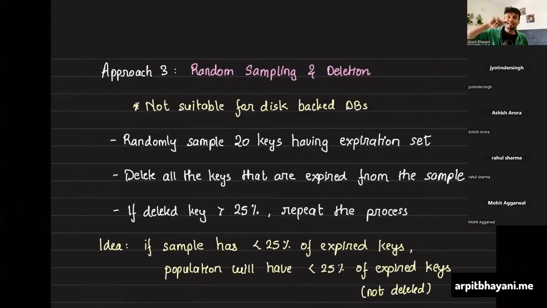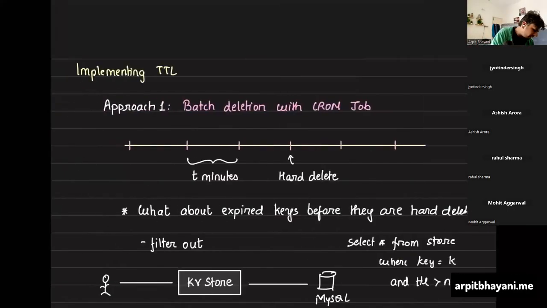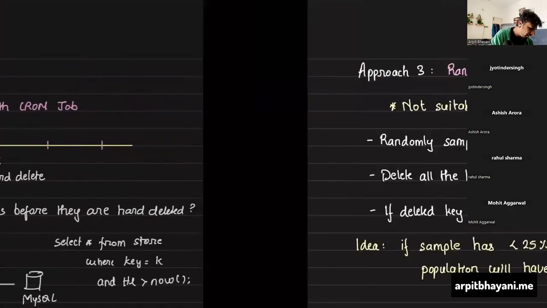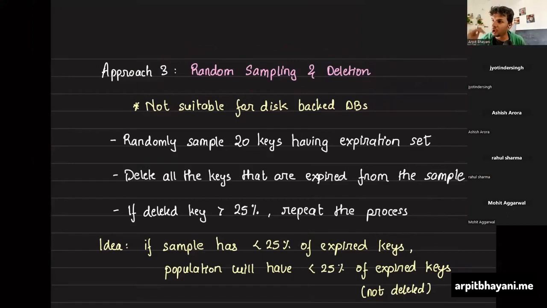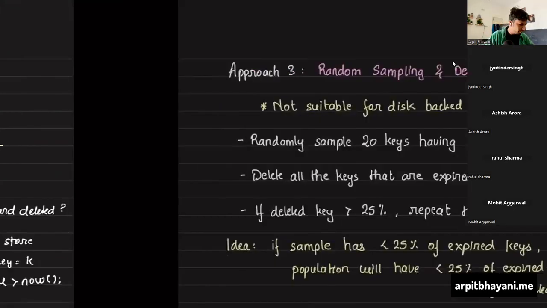Now, what Redis does as part of this regular job is that it does not do hard deletes of all the keys. This is where a bit of Redis internals kicks in. This is a very beautiful algorithm, very simple, uses math a bit. You cannot run away from math, FYI, but you need to know how Redis does it. What Redis does internally is take up two approaches and merge them.